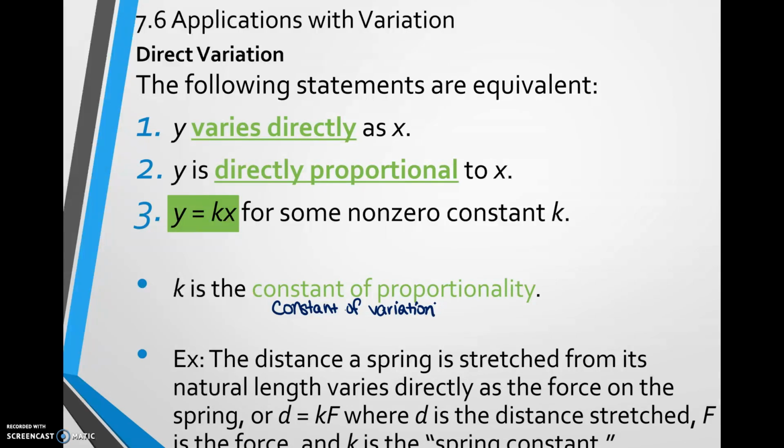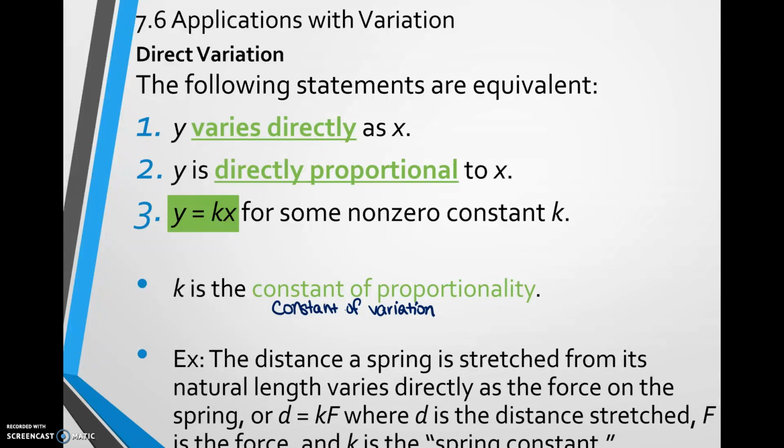All of these formulas have a k in them somewhere. And the key is, if you see the word direct, it's k multiplied by whatever it's varying directly with. Here's an example. The distance a spring is stretched from its natural length varies directly as the force on the spring, or D equals kF, where D is the distance stretched, F is the force, and k is the spring constant.